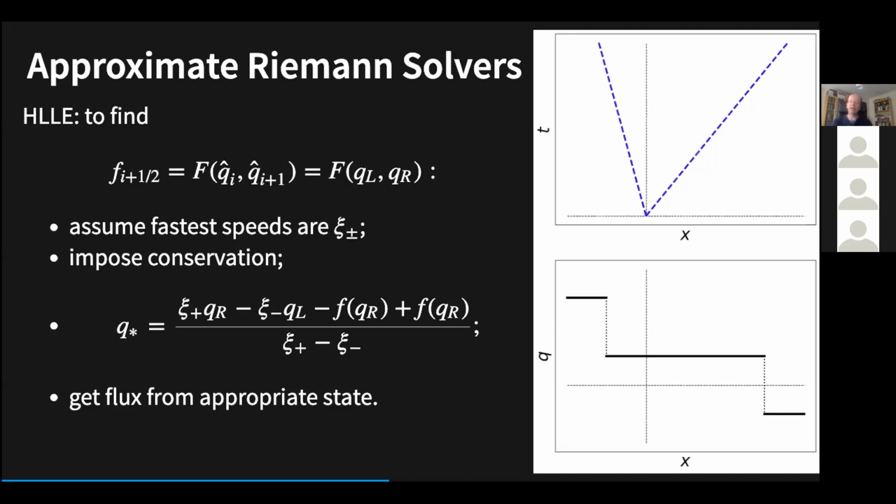Unfortunately, HLLE has some major problems associated with it. In particular, because it does the calculation based on the outermost waves, which are pretty much routinely the nonlinear waves, the information about linear waves, like contact discontinuities, is thrown away when making the HLLE approximation. This means that HLLE tends to introduce a smearing across any linear wave.